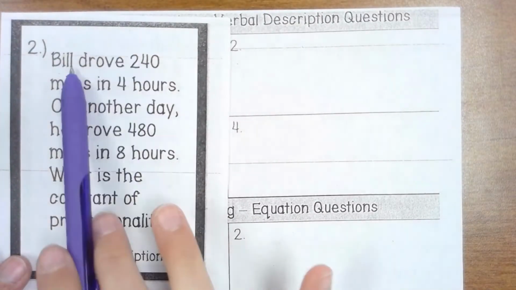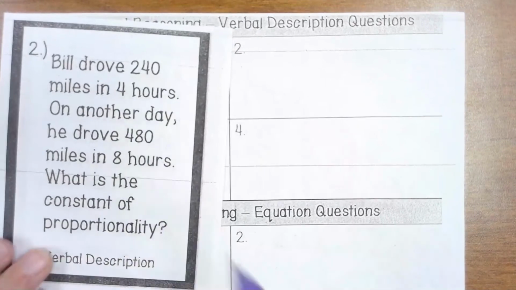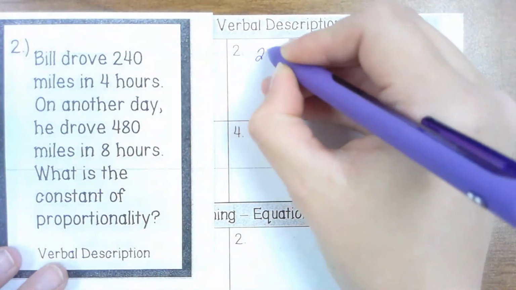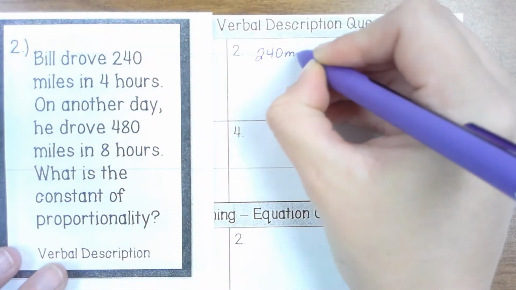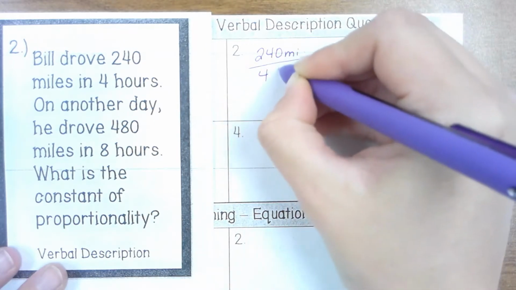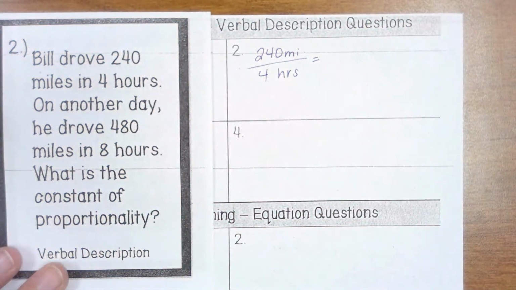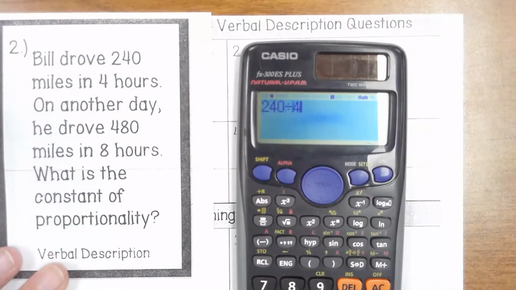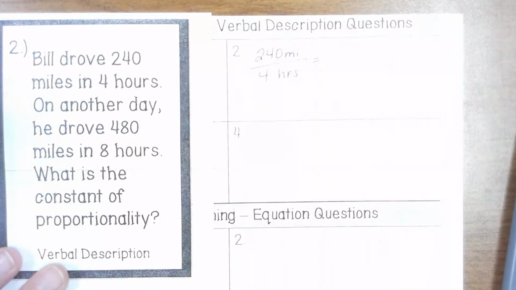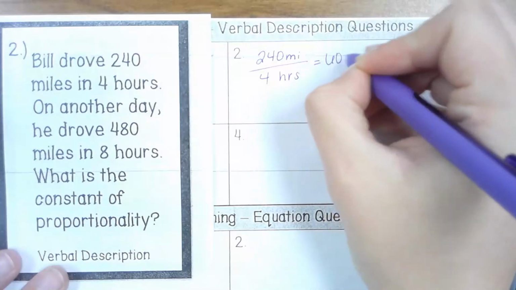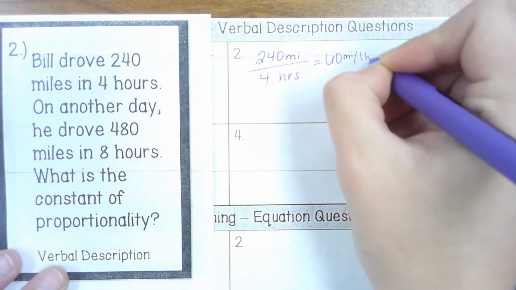So this is going to be miles over hours. So they said that Bill drove 240 miles in 4 hours, we can find this unit rate by dividing. So if we were to take 240 divided by 4, that gives us 60. So this would be 60 miles in 1 hour.